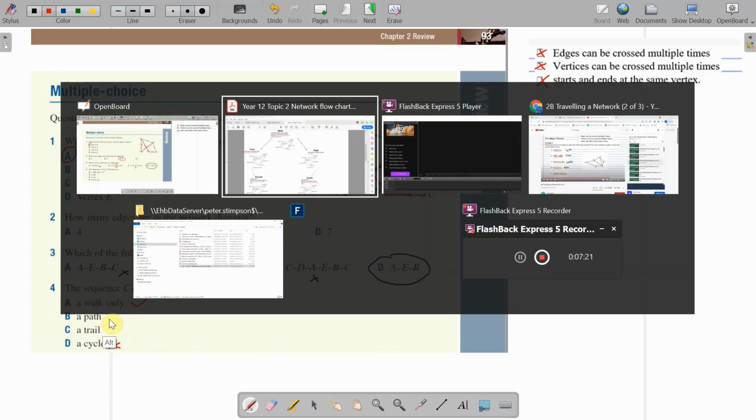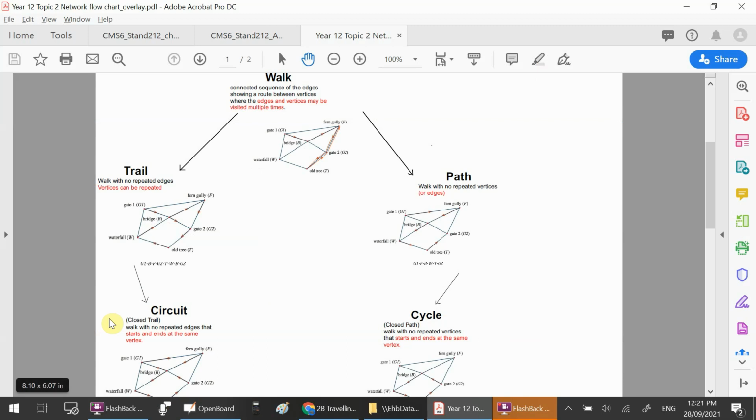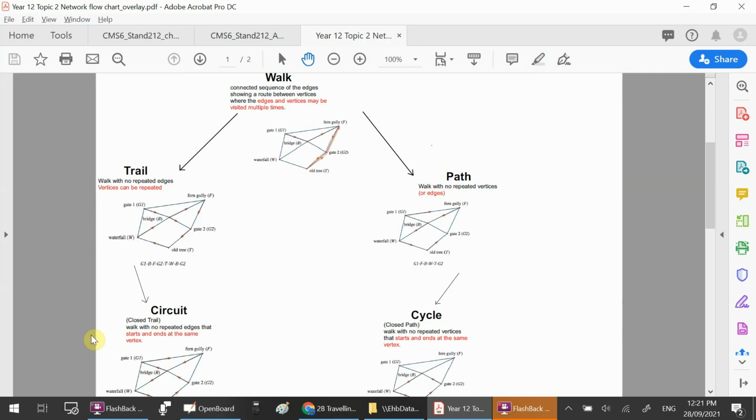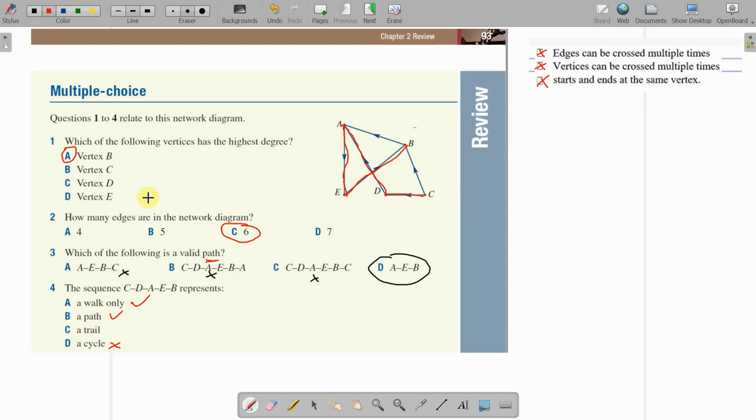A path, no repeated vertices or edges, so it can be a path. Trail, a walk with no repeated edges, but vertices can be. The vertices are not repeated, and the edges are certainly not, so it can be a trail.